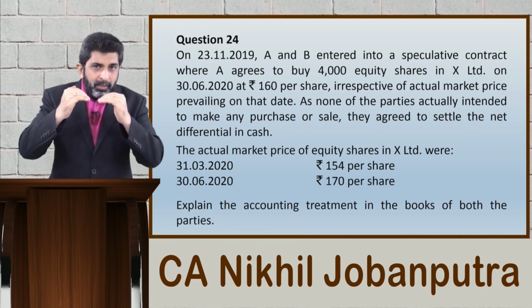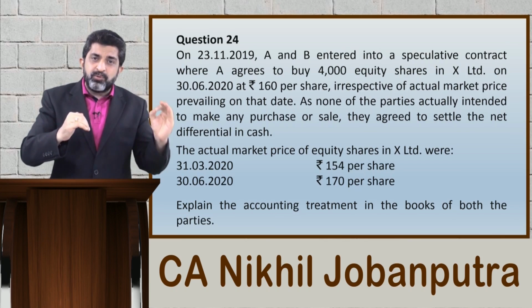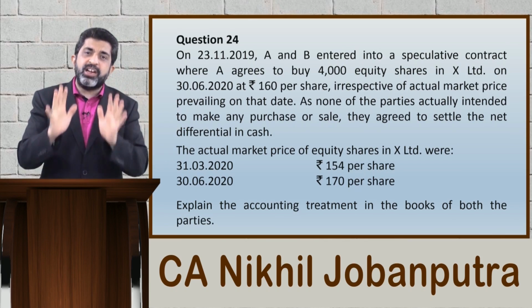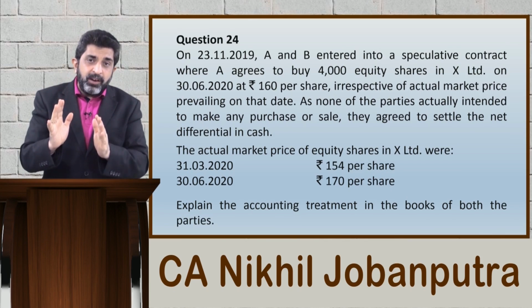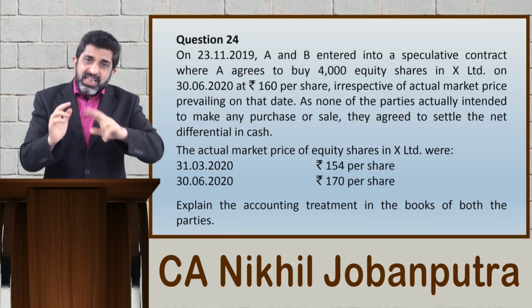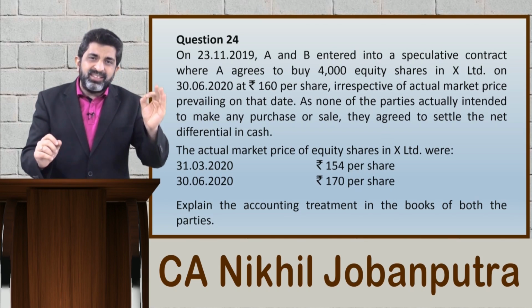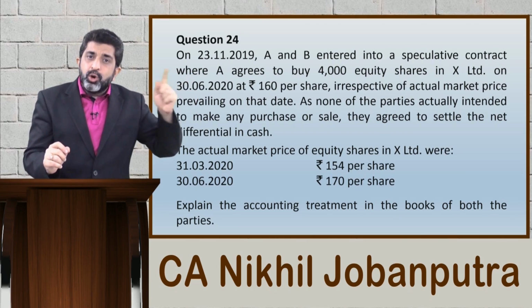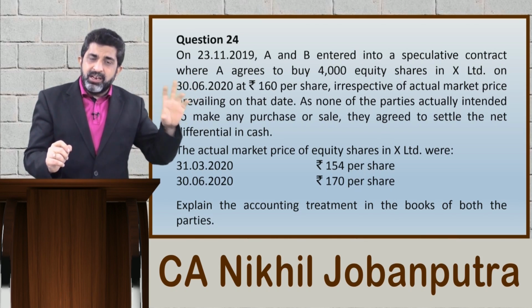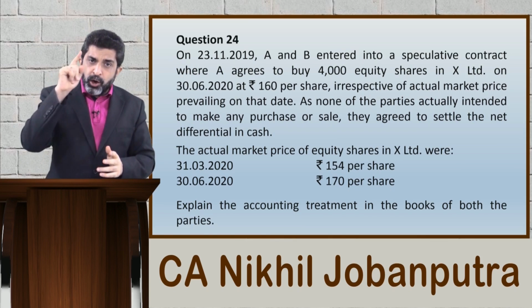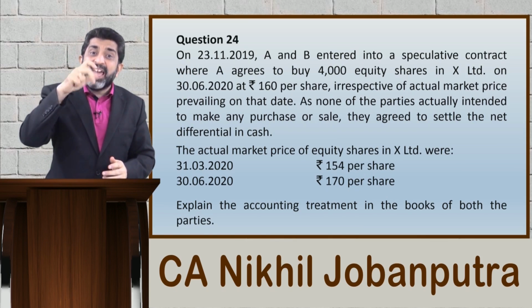That means my liability as at 31st March 2020 is already 24,000, and against this liability I will record a loss. So, the journal entry that I would pass will simply be P&L debit to derivative liability 24,000. For you, the same is a gain.